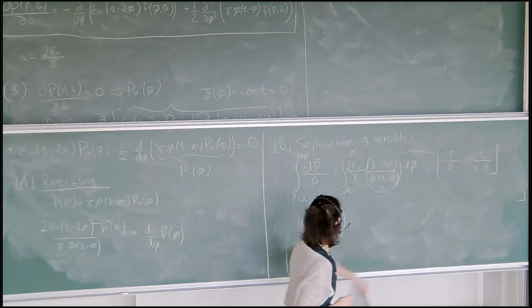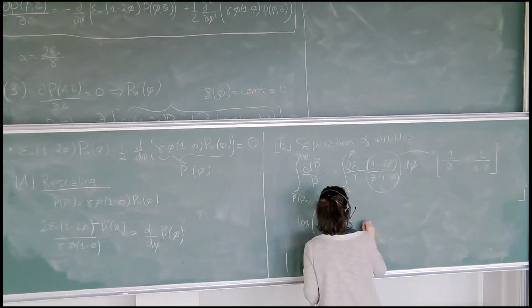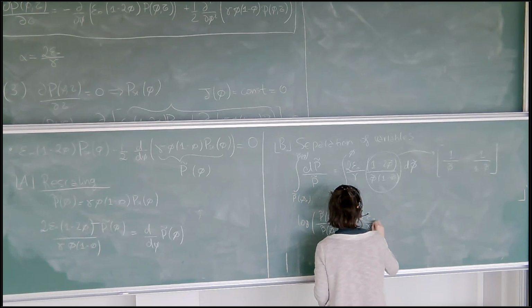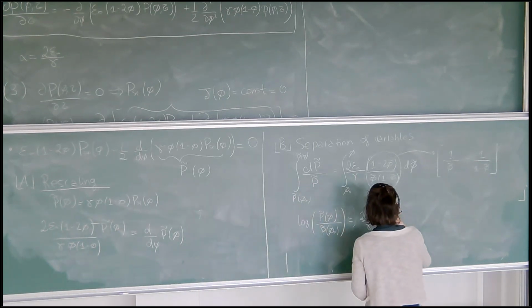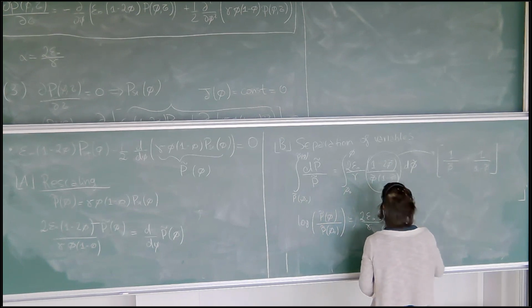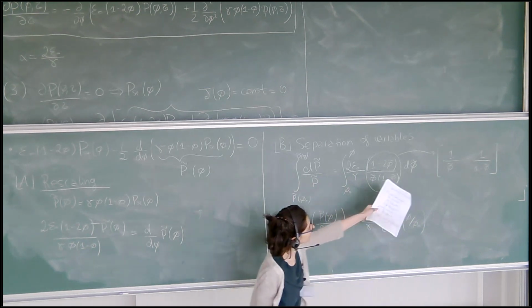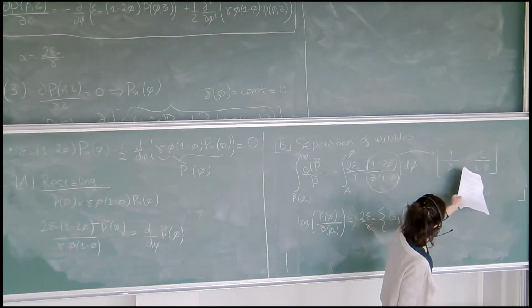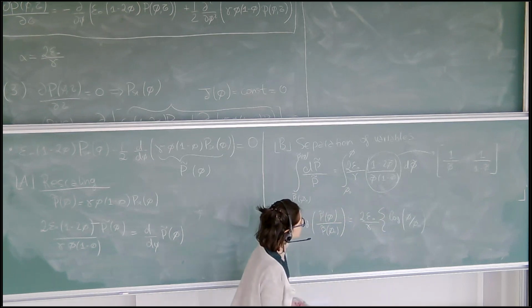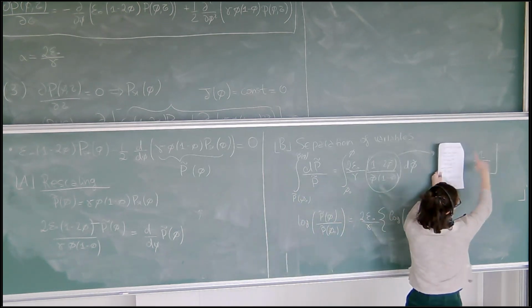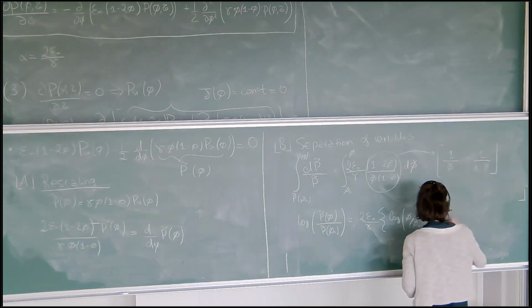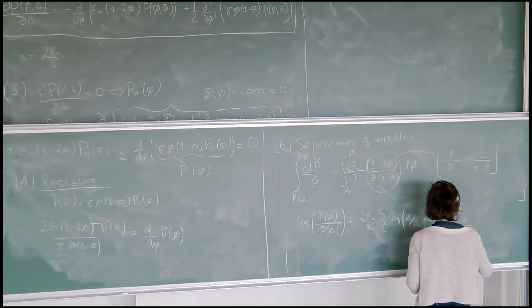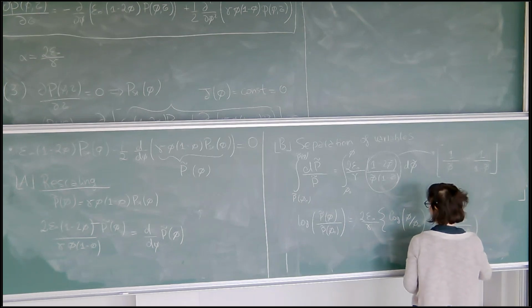So these are just logarithms. So if you integrate, you have 2 epsilon 0 over gamma. And then you have the log of phi over phi 0, minus, but then the minus is already inside the derivative. So this is the derivative of the log of 1 minus phi. So here I have a plus log of 1 minus phi divided by 1 minus phi 0.